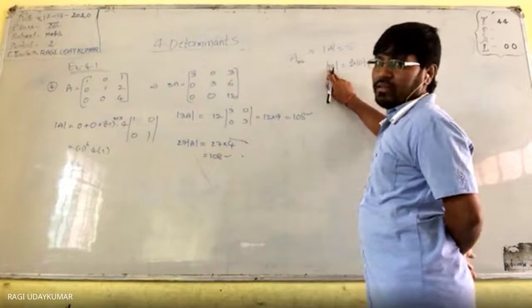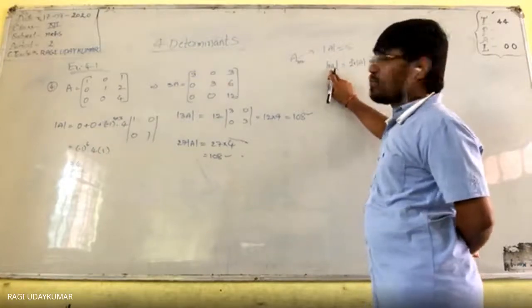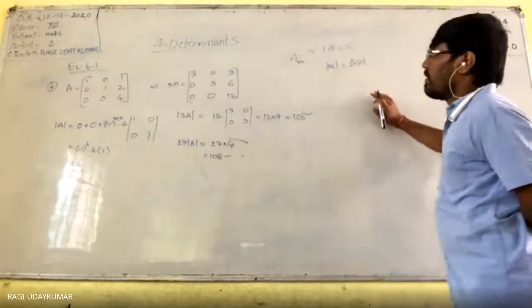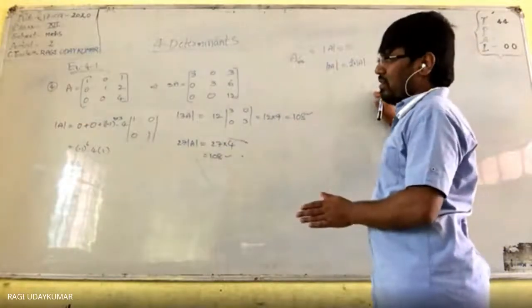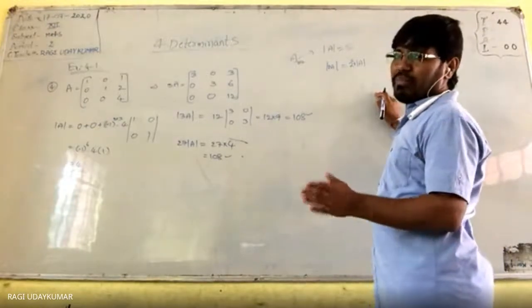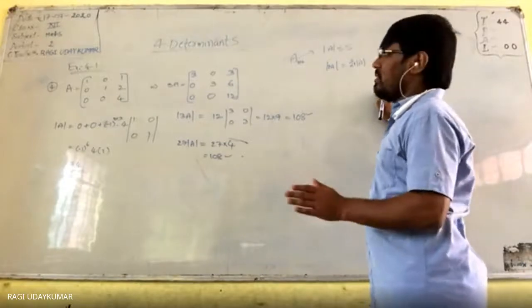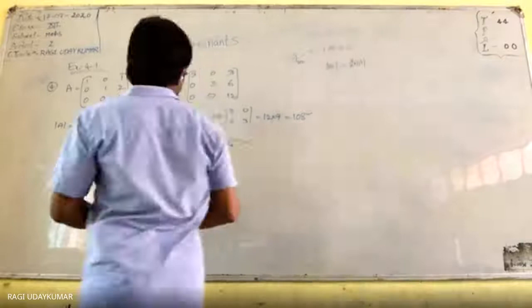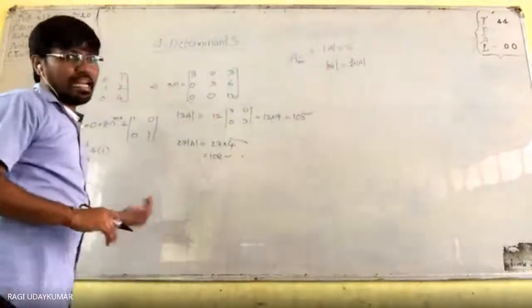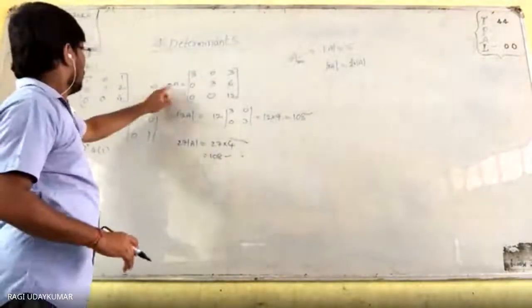Okay, if you multiply that particular element by 3, and power 3 you are going to get. Suppose you imagine that you multiply every element by 4 here.